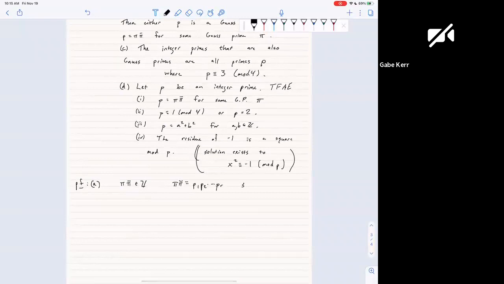So since it's a UFD, pi and pi bar are prime, or irreducible. They're the same thing in a UFD: irreducibles are primes. R is less than or equal to 2.